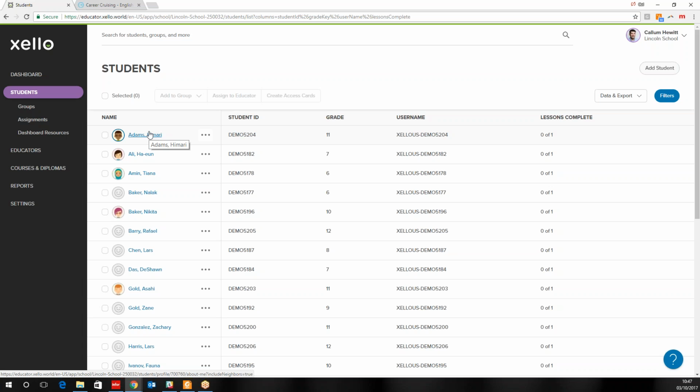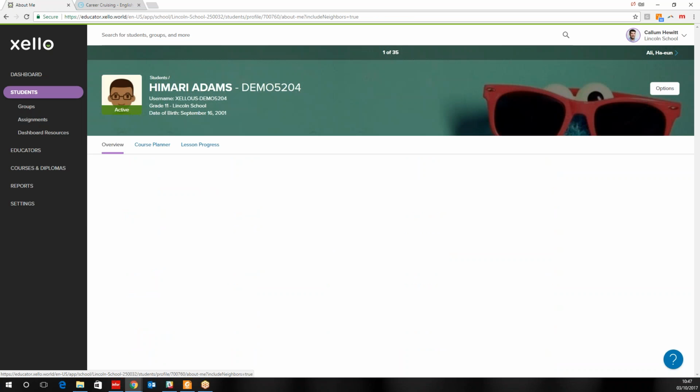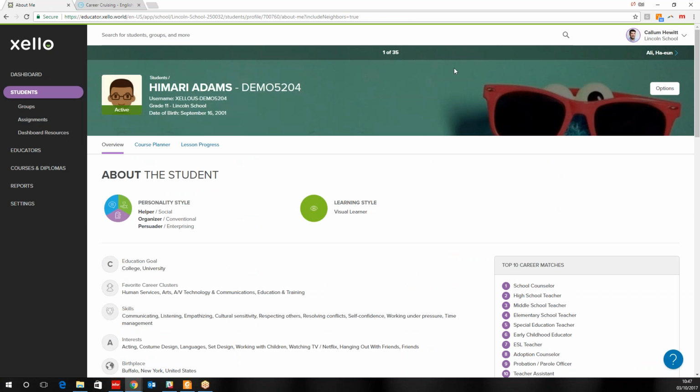And so we're going to go into, let's take a look at a grade 11 student. Very easy. It always will give you their usernames on here. And if the schools are integrated with Google, which an increasing majority are, we can make this with Google single sign-on.